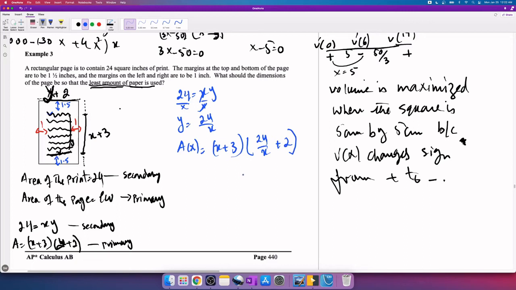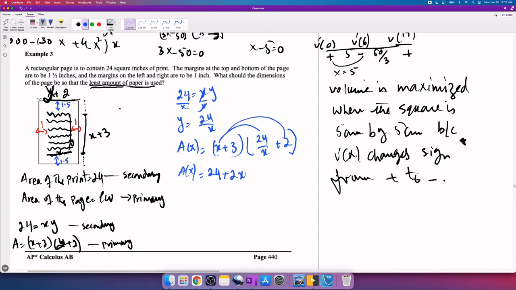Now we have to take a derivative of the primary equation, but we have to simplify this whole thing. So x times, and I'm foiling, x times 24 over x cancel out, I'm left with 24. So I got A of x equals 24. Now I have to multiply plus 2x, the x and the 2.